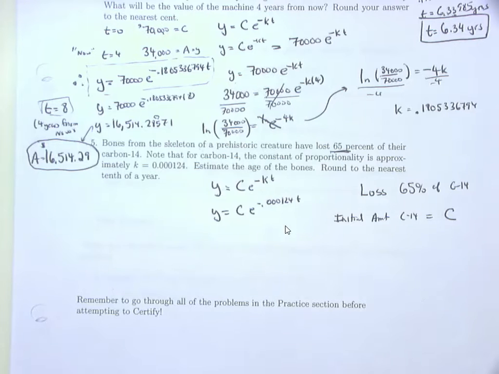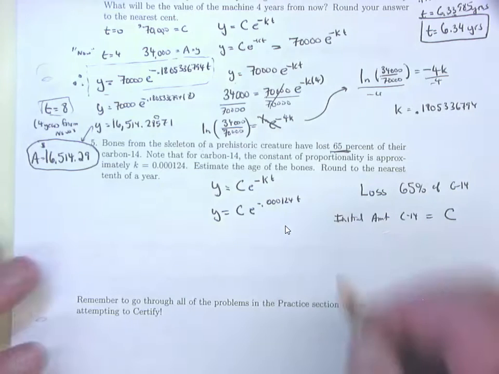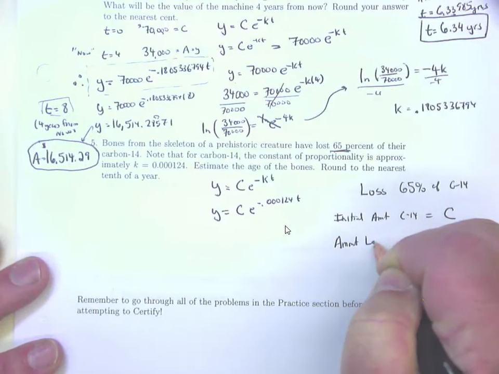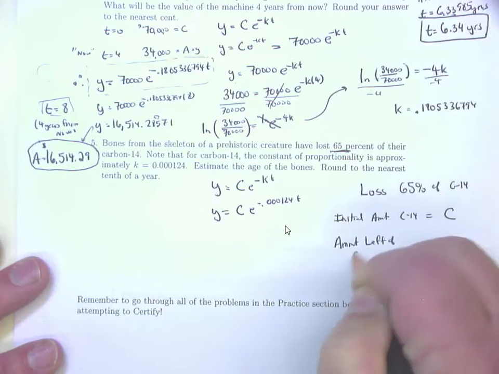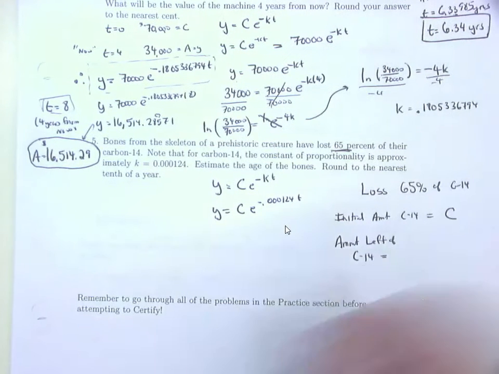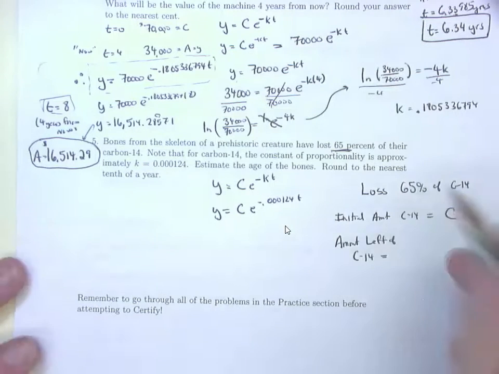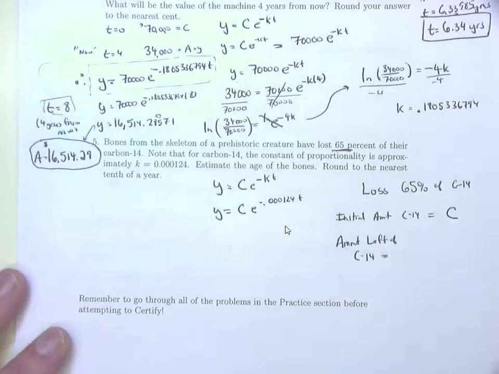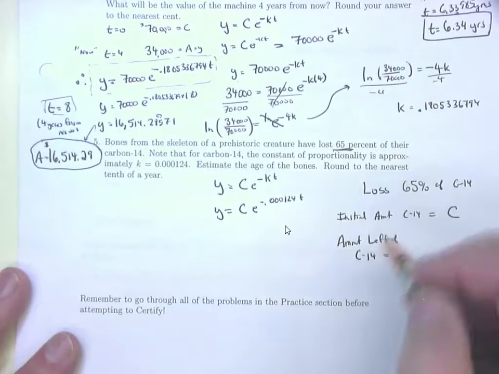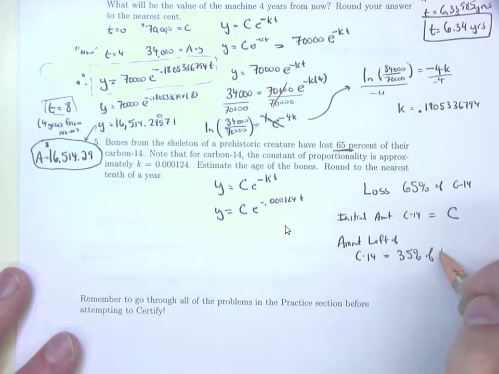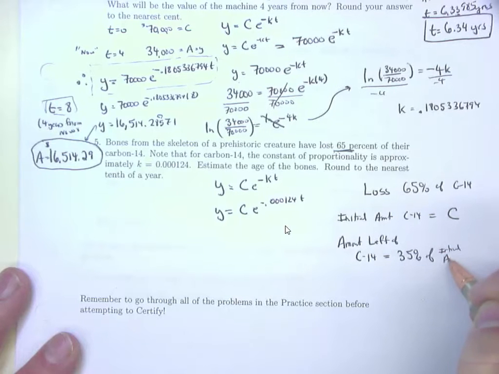If you lose 65%, what is actually the amount left of your C14? 35, even better. Now, 100% is everything. 100% of carbon-14 is all you got. If you lost 65%, what's left? 35% of the initial amount. Does that make sense?